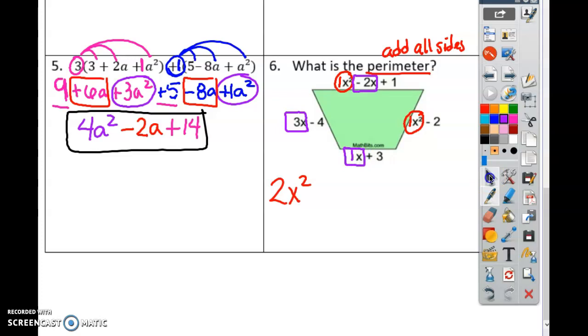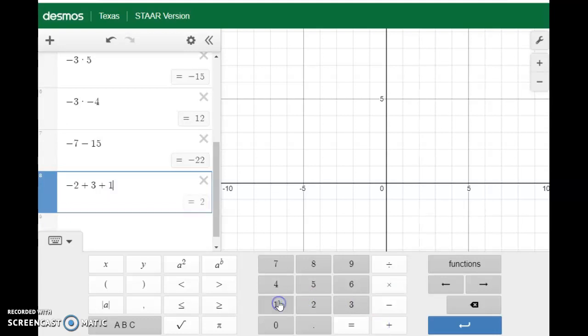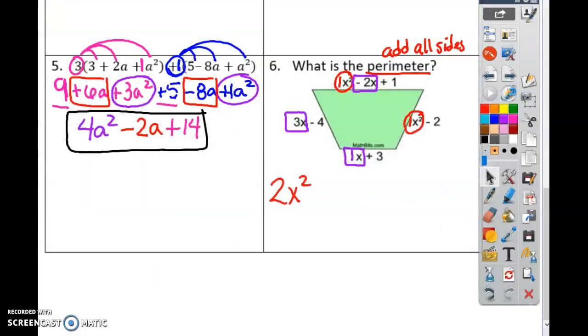What do you get? So let's put all of that in decimals. That's a negative 2 plus 3 plus 1. That's your x, okay? So positive 2x. So we're going to put plus 2x.